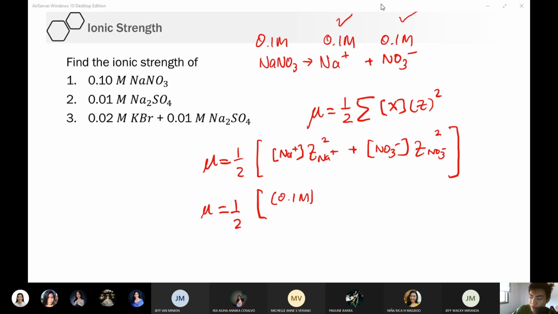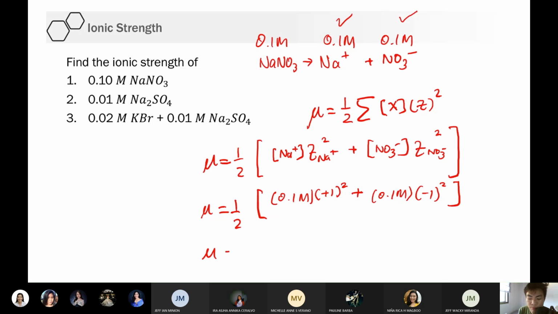The charge of sodium ion is positive 1, of course, so the z squared will be positive 1 squared. For nitrate ions, the concentration is also 0.1, and the charge of the nitrate ion is negative 1. We're going to get the square of negative 1.